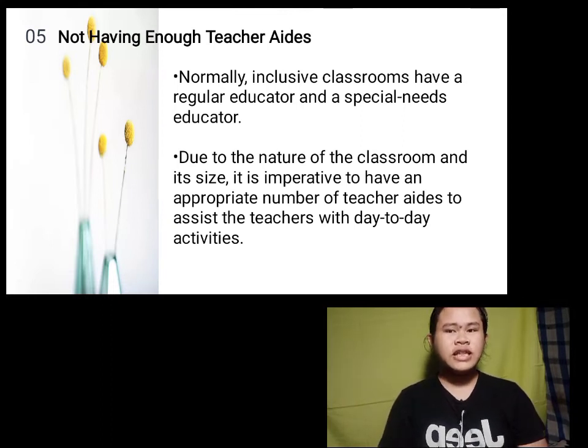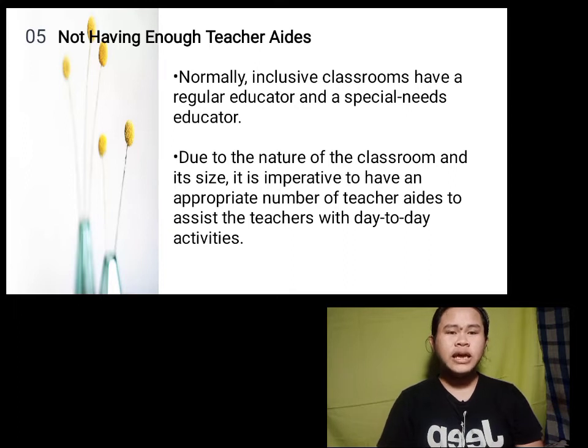So let's proceed to number five. Number five is not having enough teacher aides. Normally an inclusive classroom has a regular educator or special needs educator. Due to the nature of the classroom and its size, it is imperative to have an appropriate number of teacher aides to assist the teachers with day-to-day activities.